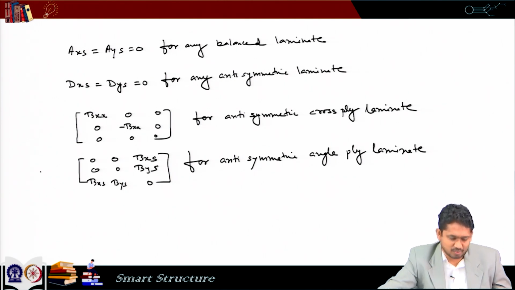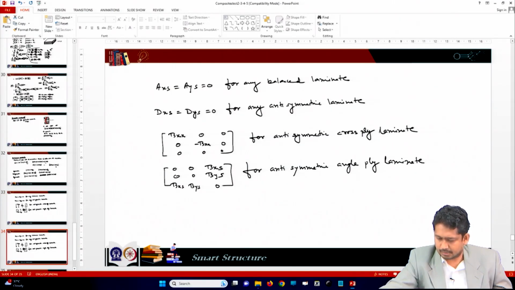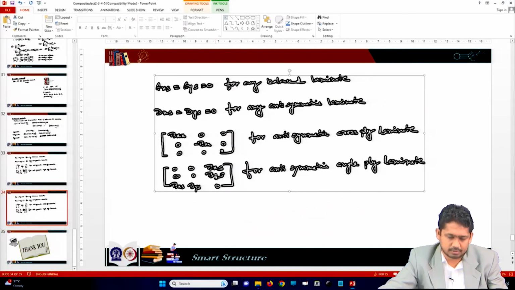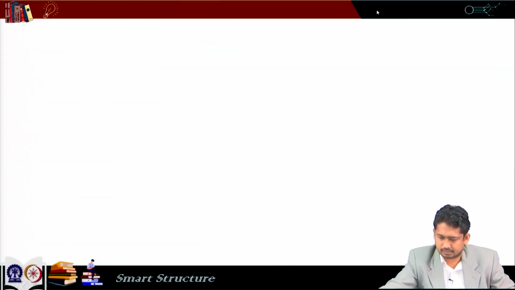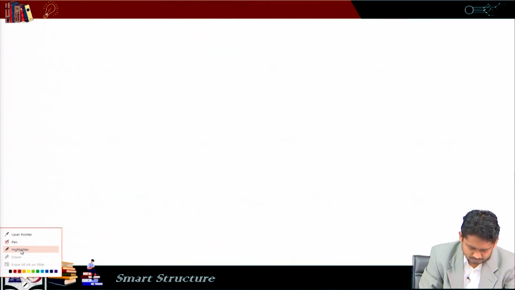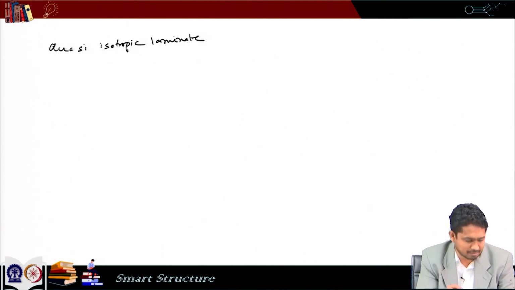Now, we will talk about another type of laminate, and that is called a quasi isotropic laminate.